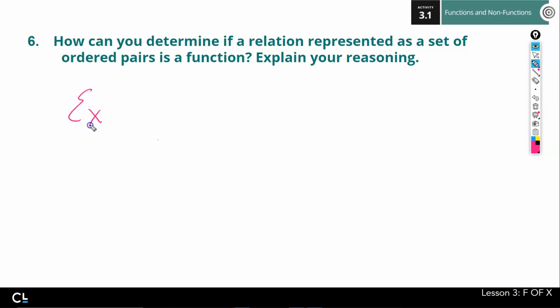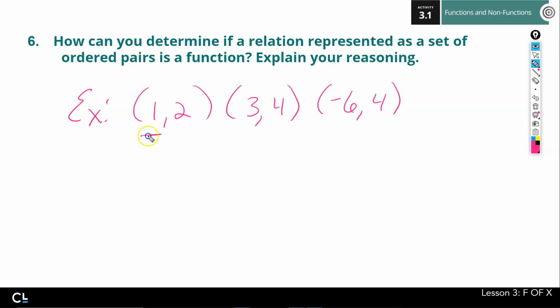Here's an example of a function. I've got 1, 3, -6. They're all different. This is an example of a function. Your domain is different. The domain does not repeat. The x values do not repeat.